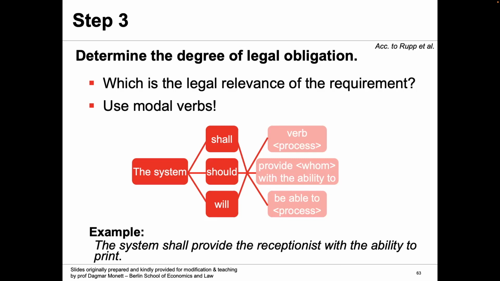It must provide the receptionist with the ability to print. So by using the word shall, you are now legally obliged to your client to fulfill this requirement. So these modal verbs, shall, should, and will, I'm going to discuss in the next slide what should and will do, but basically shall binds you in fulfilling that requirement. All right.